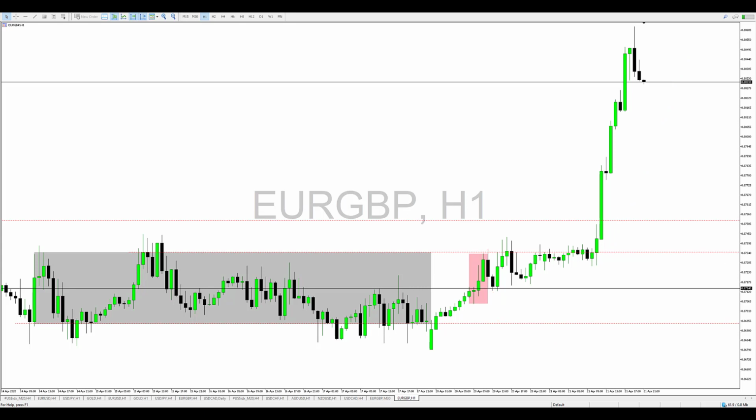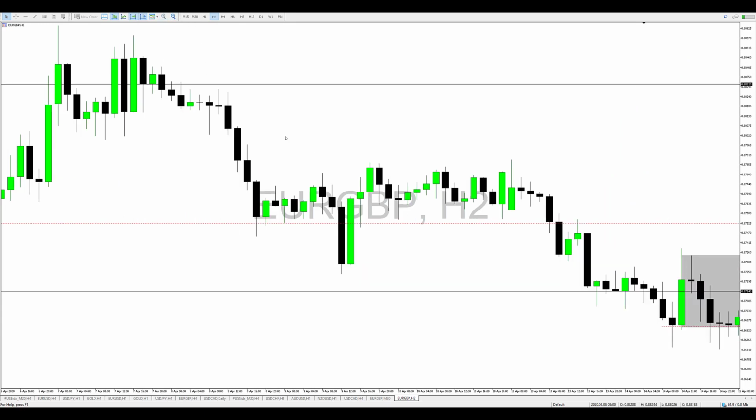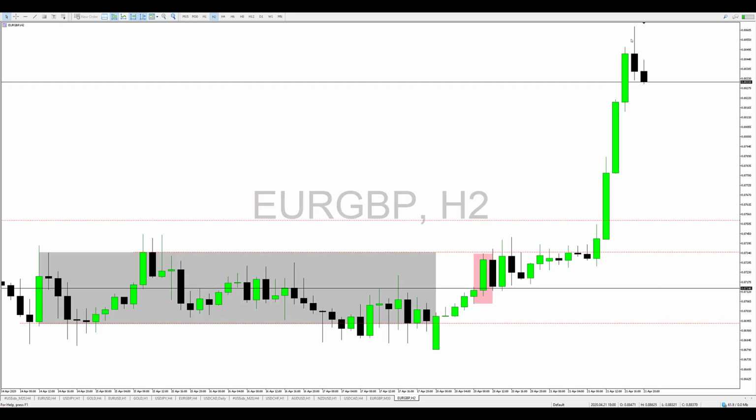And for those who don't have MT5, you're gonna see much clearer now. There we go. Now on a 2 hour chart, Euro Pound 2 hour chart, you can see our order block. Let me get rid of this so that you can see clearly.